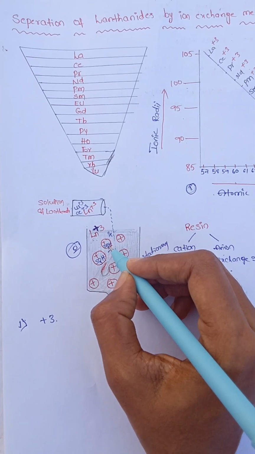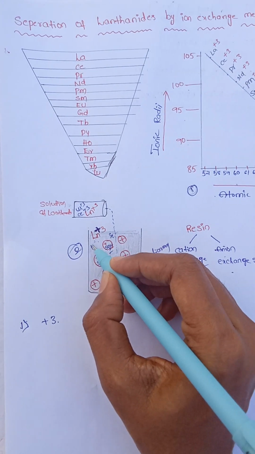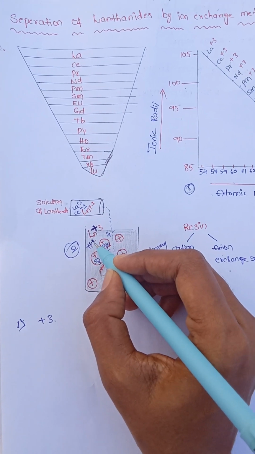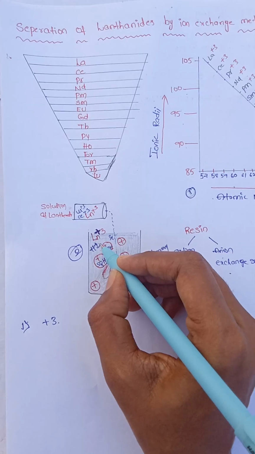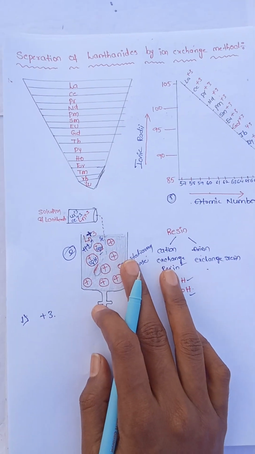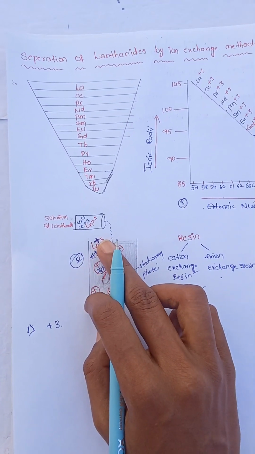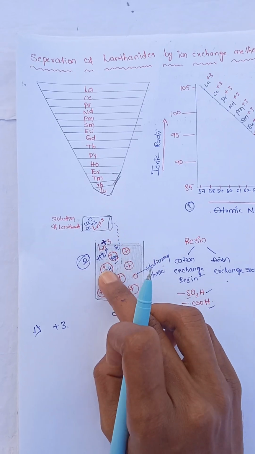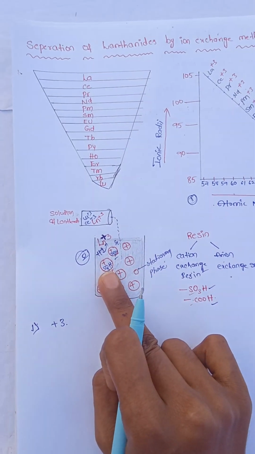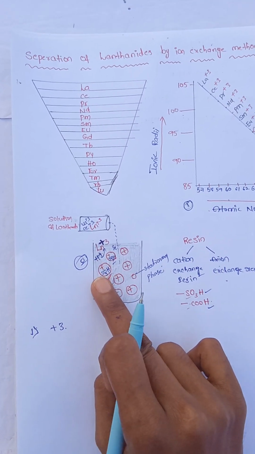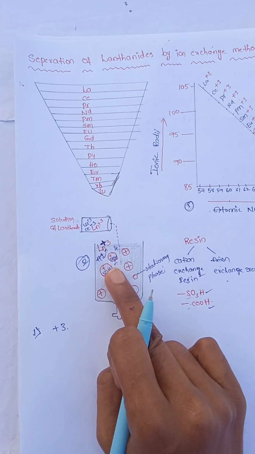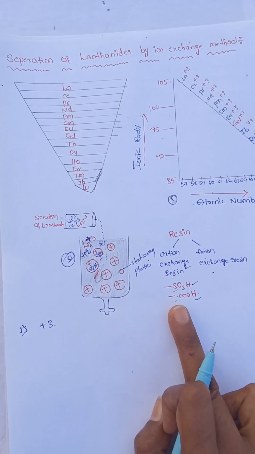H plus is the cation. This H plus is replaced by lanthanum, and the lanthanum interacts with SO3 minus. This is the reason we take it.